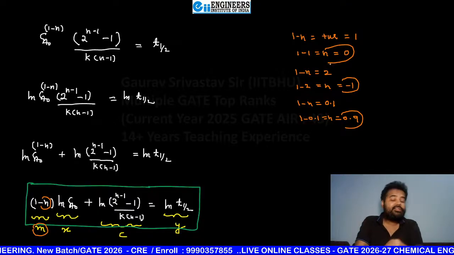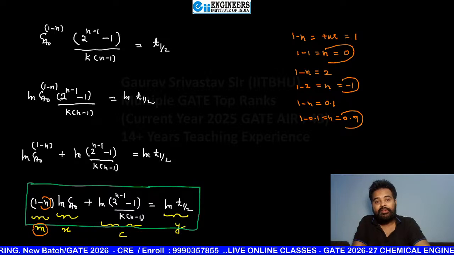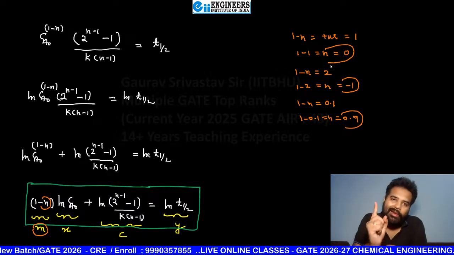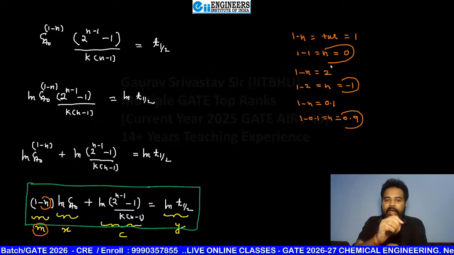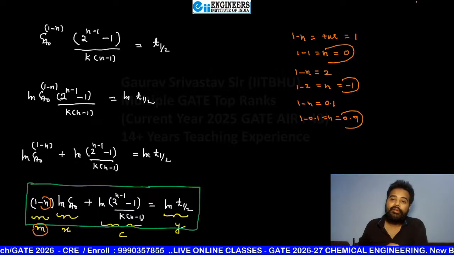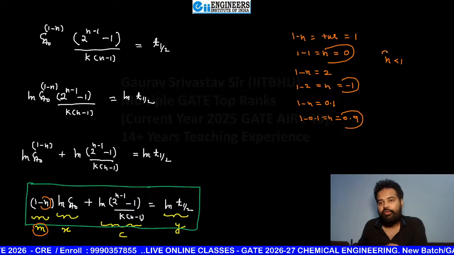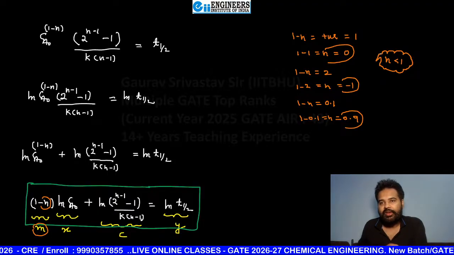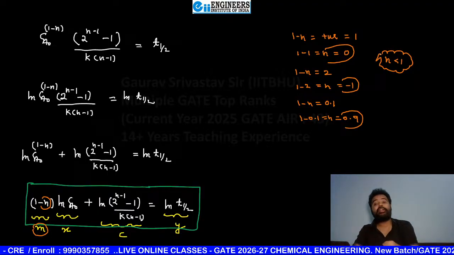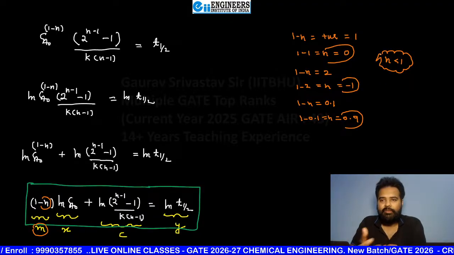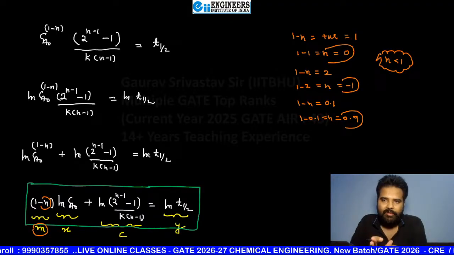All these n's for positive slope have value less than 1, every time. These all show you that n should be less than 1. It can be 0, it can be negative, or any positive value, but it must be less than 1.